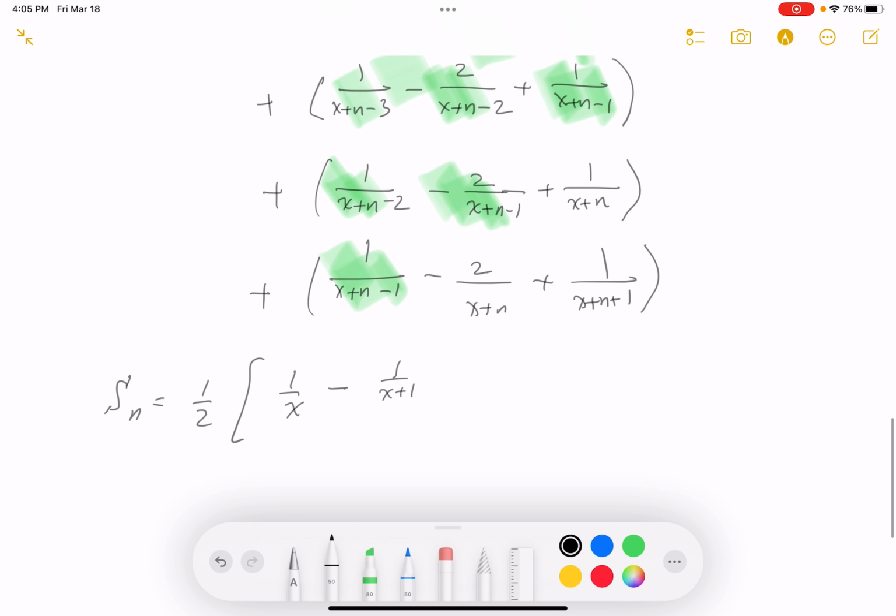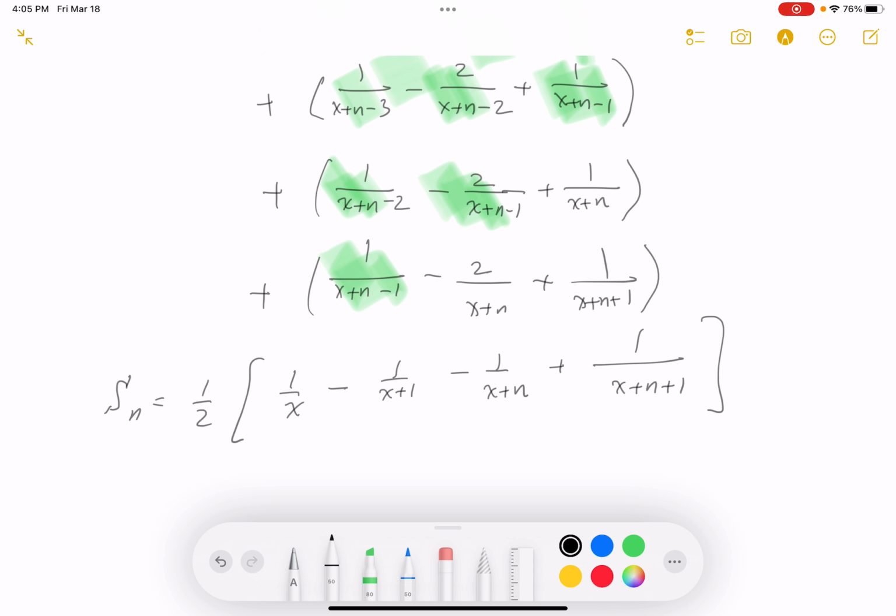All right, let's go towards the end. I've got to do that too, don't I? And what do I see there? Minus 1 over x plus n plus 1 over x plus n plus 1.